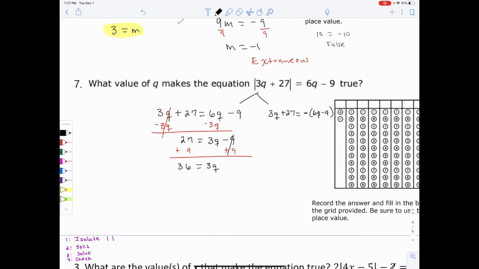And then divide by 3 on both sides. 36 divided by 3, that would be 12. All right.